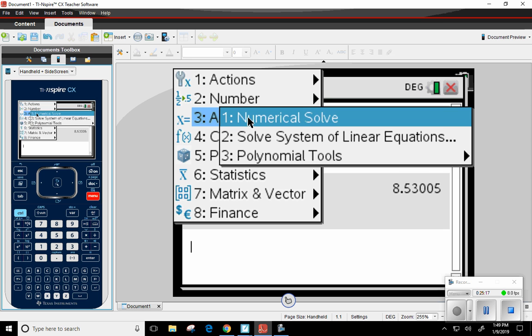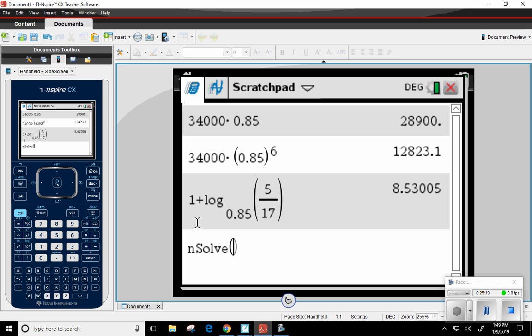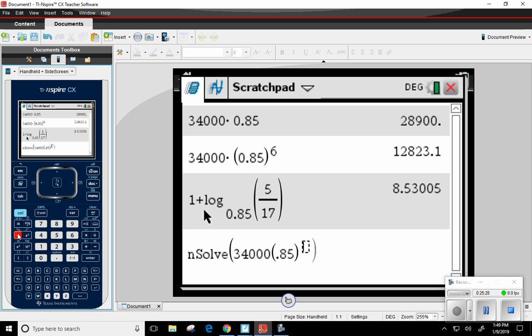Algebra, numerical solve. So let's see here. What was it originally? 34,000 times 0.85, and I'm going to put parentheses in there, to the power of, and I'm going to change that to x minus 1. Okay, where's my equals? Well, remember, we got to put what it's equal to. Okay, right below the control button. So equals 10,000, and then we're going to put comma x, right?